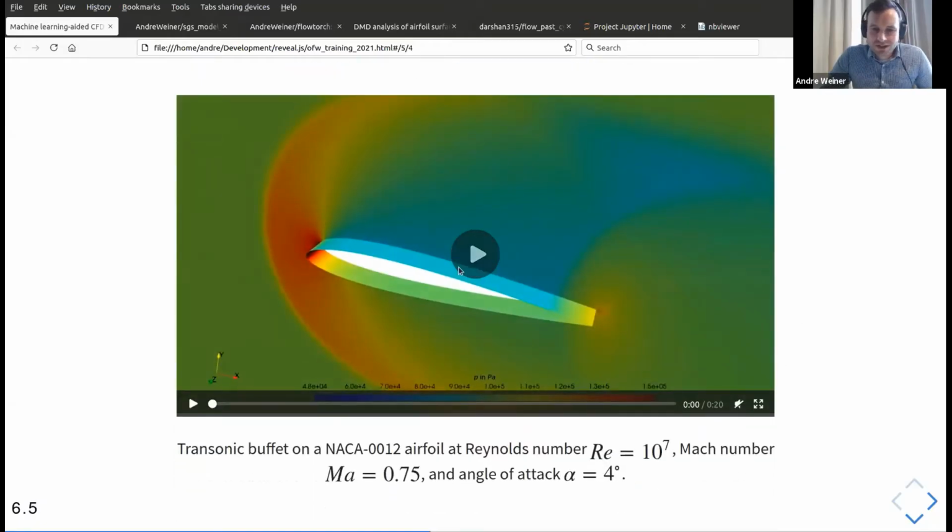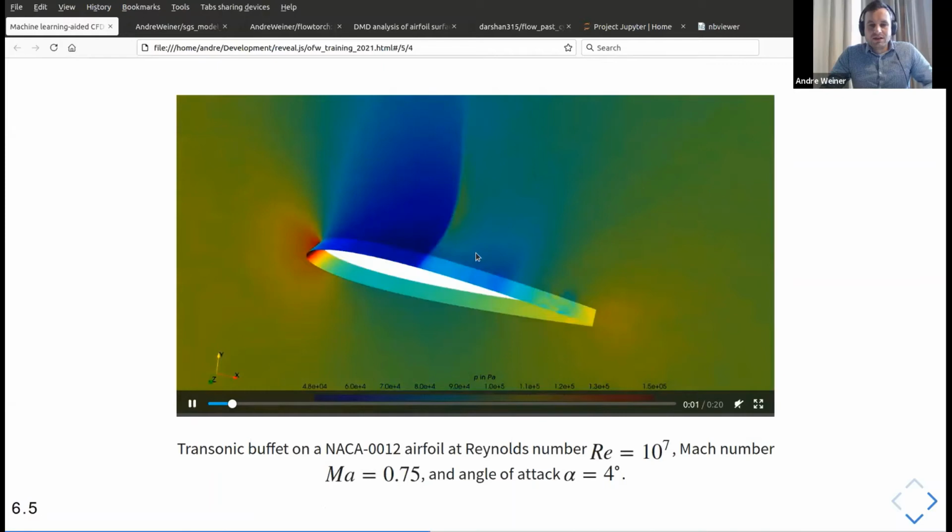So what is actually a transonic buffet? If you look at an airfoil at transonic flow conditions under certain angles of attack and Reynolds numbers, what you will see is that a shock forms on the upper side of the surface, and this shock moves rapidly back and forth.